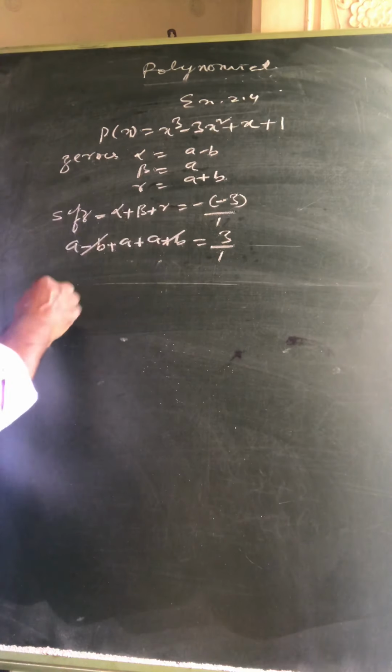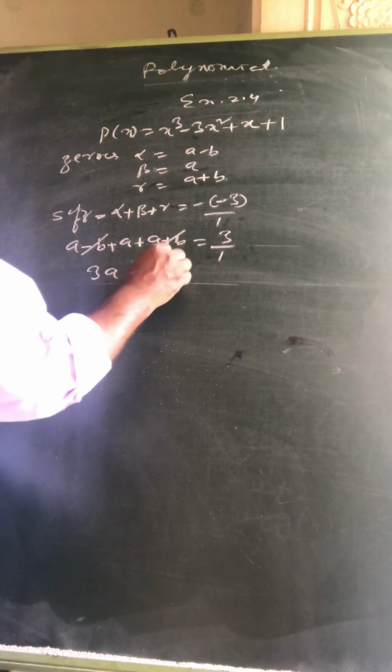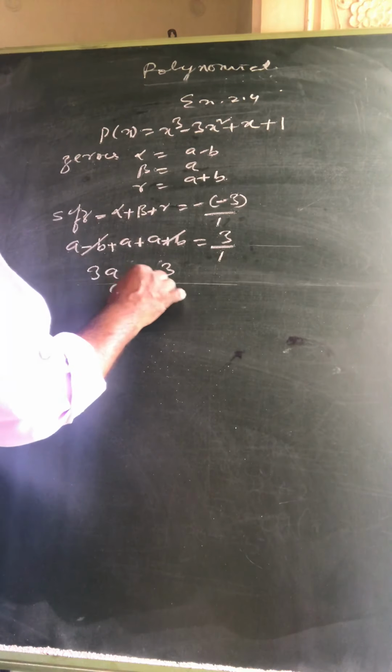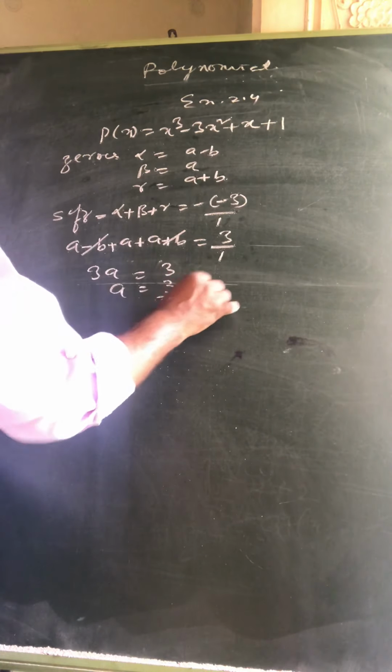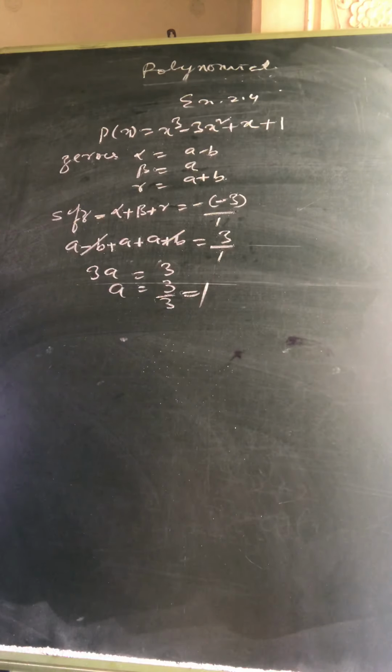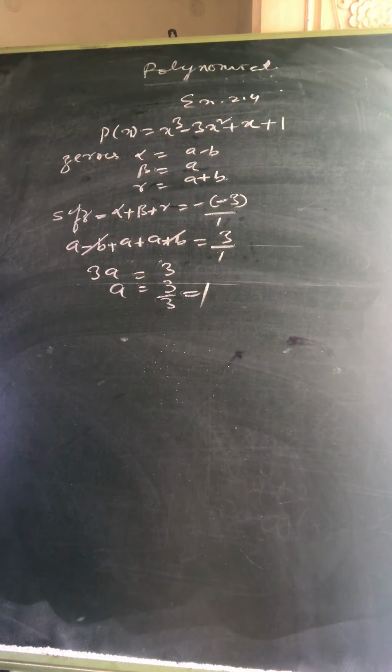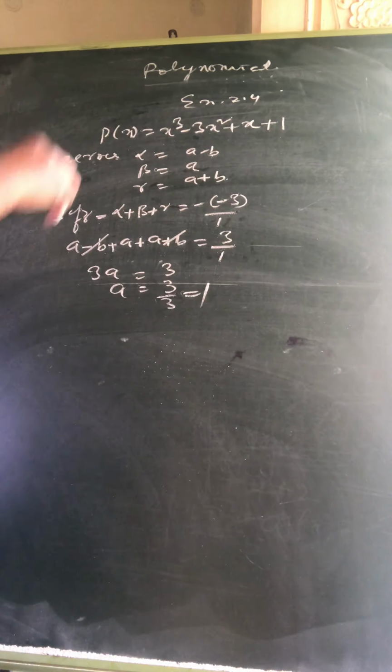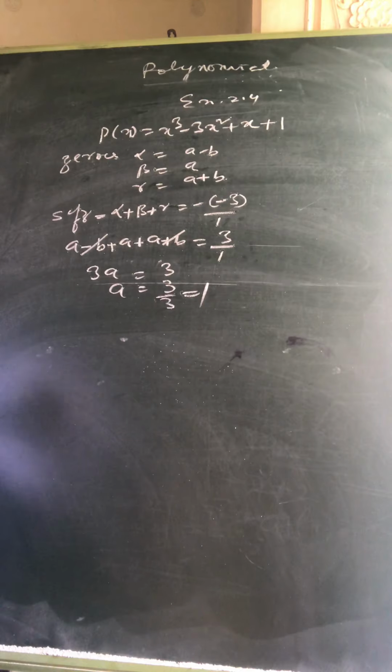Minus b plus b cancel, 3a is equal to 3. a is equal to 3 by 3, that is equal to 1. We already got the value of a. One value we got. Another value b we have to find out. How do we find that b? The relation, the product of zeros, will help us.